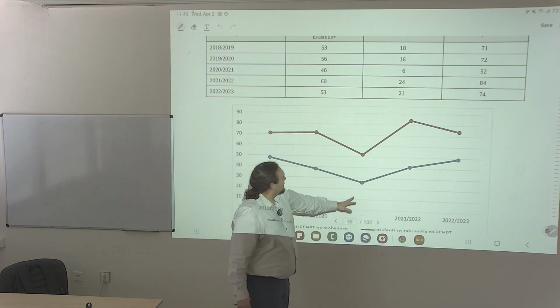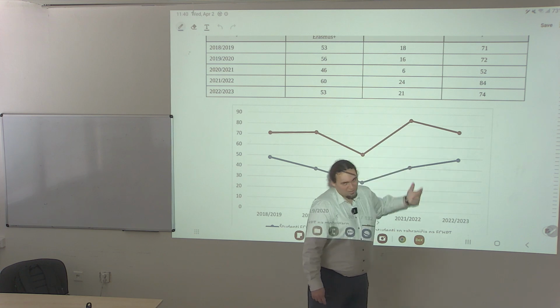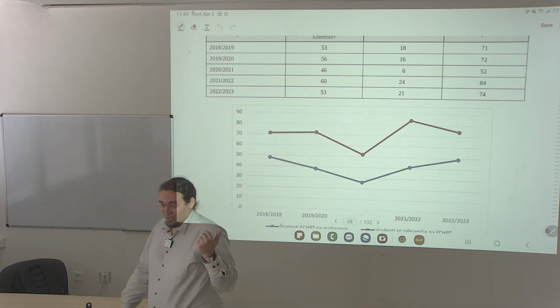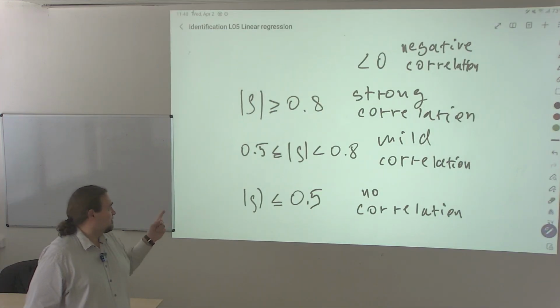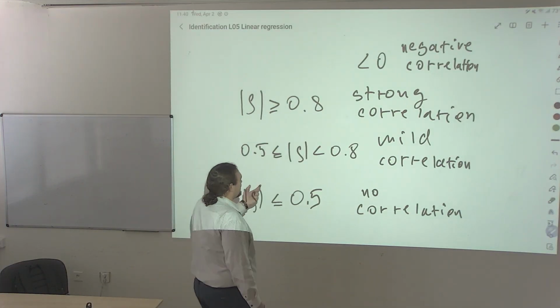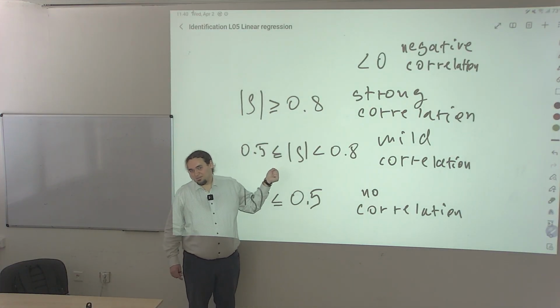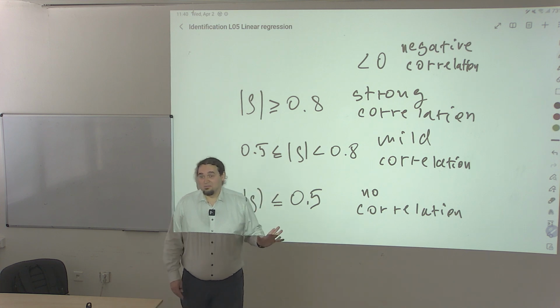I did this calculation for these two variables. You get the correlation coefficient 0.7.